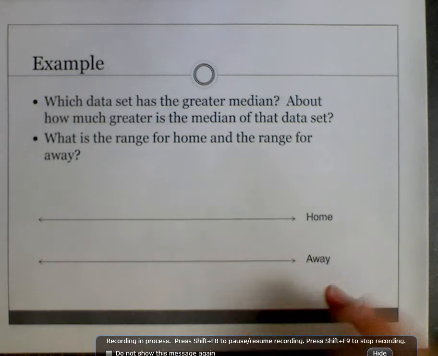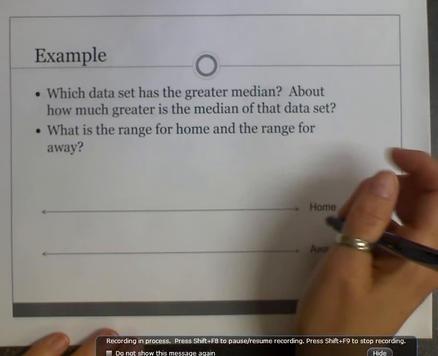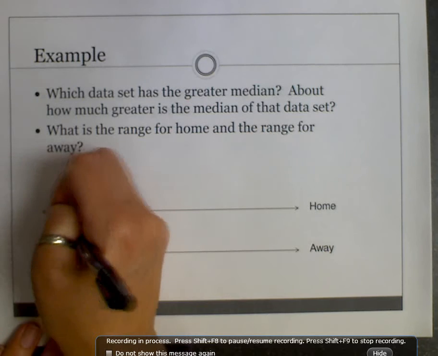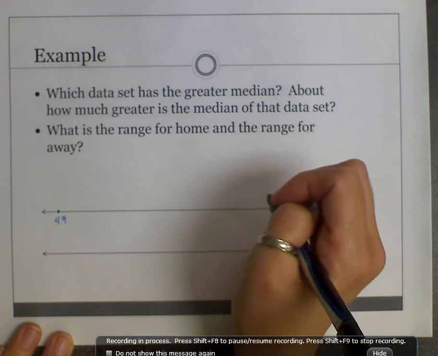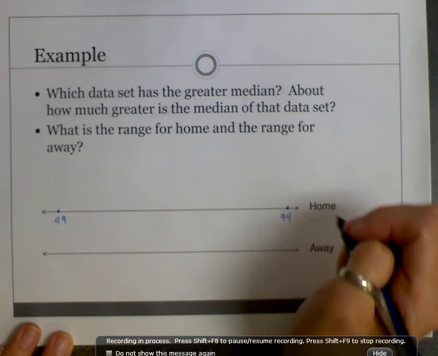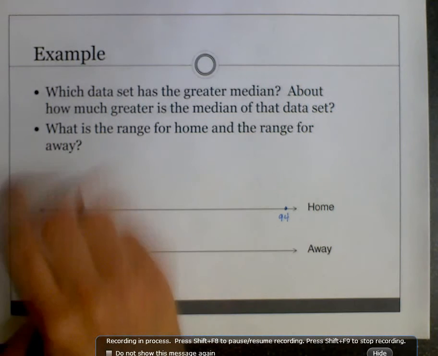All right, so we're going to go ahead and graph starting with home. For home, our lowest value was a 49 and our highest value was a 94. Right in the center is an 82, but 82 is really not close to 49.